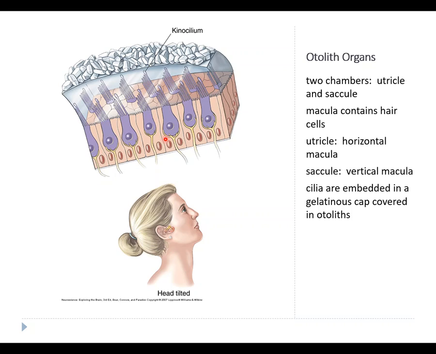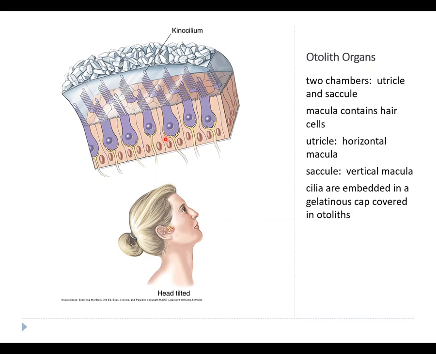Because if you tilt your head in any direction, then gravity will pull those otoliths down, and when they do, they will cause the gelatinous cap to shift in that direction, and that pushes the stereocilia in that area in the same direction, which will, for some of them, cause deflection.